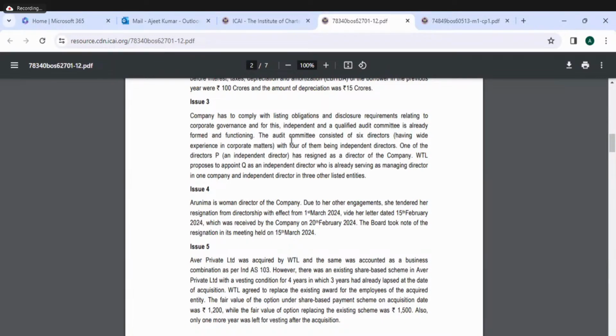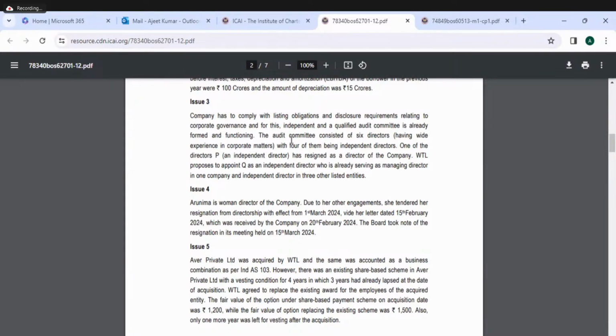If we see, there are 2 main things that this paragraph is talking about. One is about the audit committee, and the other thing is relating to the number of independent directors in the audit committee. So why do we need independent directors, or what is the need of an audit committee in our company?